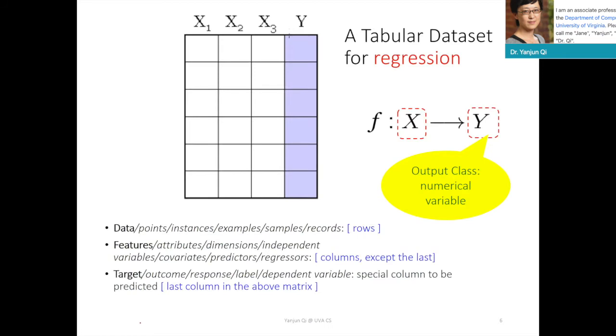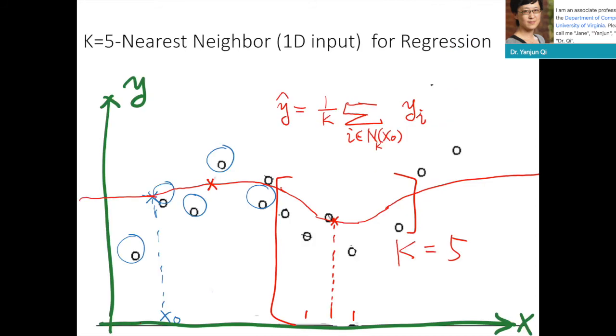Okay, so again, it can be used for regression when the target y is numerical, and we showed you this example. This is actually a little bit different, I think this is more correct, because let's see this point, it will be influenced by all the 5 members, right?